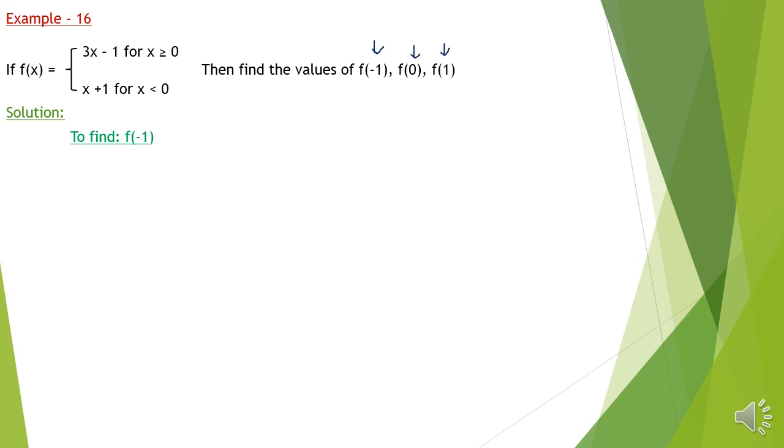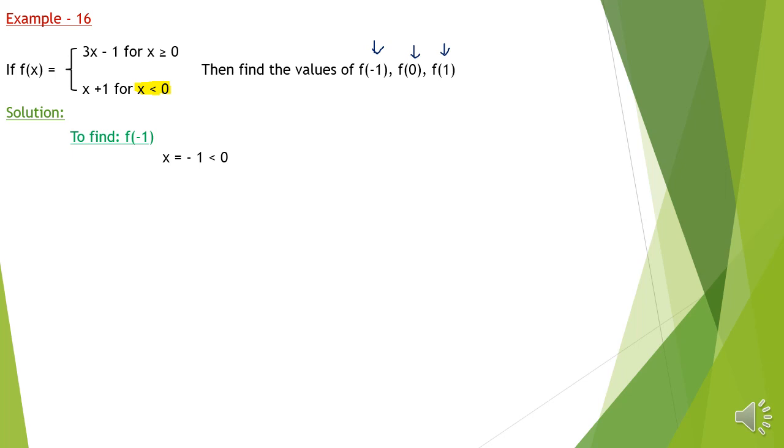In the first case, x is equal to minus 1, isn't it? Minus 1 is always less than 0. And where is x less than 0? Right here. You can see right here, it is x is less than 0.